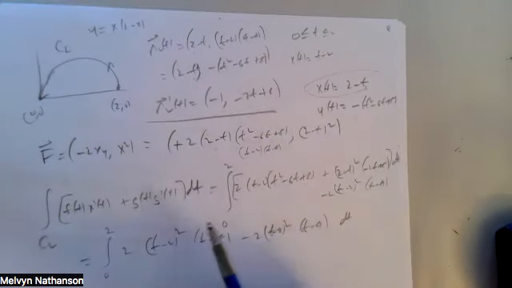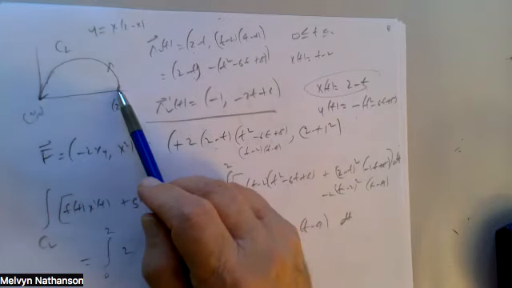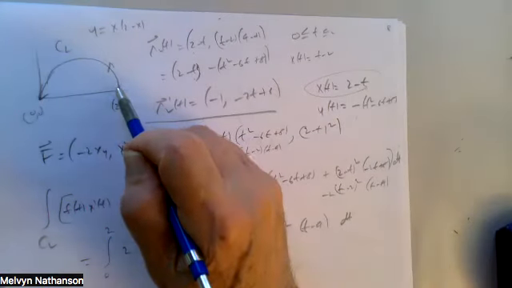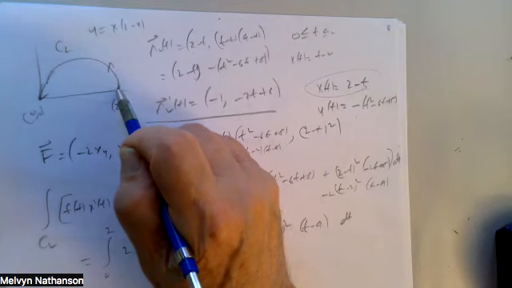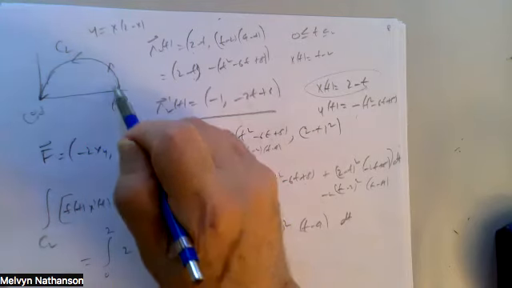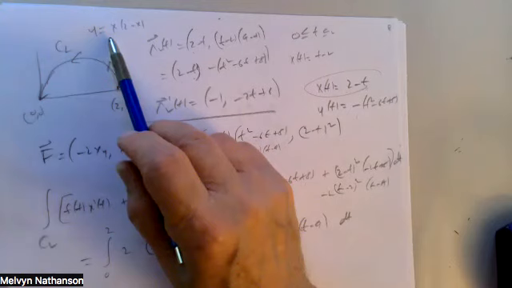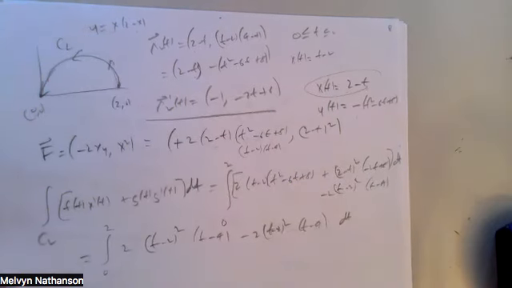So let me just double check this long calculation. So I have my curve C2 moving along this parabola from right to left. The parabola is x times 2 minus x.